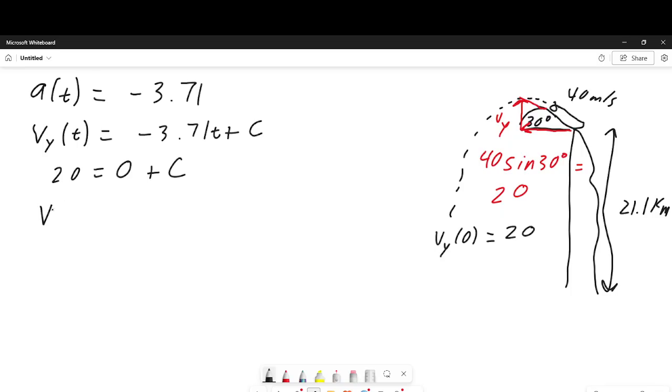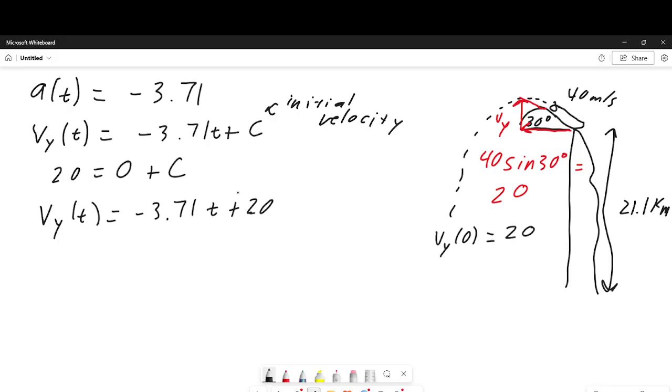So the vertical velocity here is negative 3.71 t plus 20. And this plus c will always end up being the initial velocity if you're starting with these free fall problems where the only force is gravity.